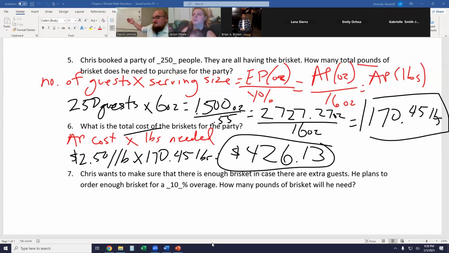And of that $4,200, $426 is going to be the cost of just the brisket. Okay. Questions, comments, concerns? Number 7 is basically just going to do increase by 10%. So we just increase by 10% like we did for chapter 2, okay?